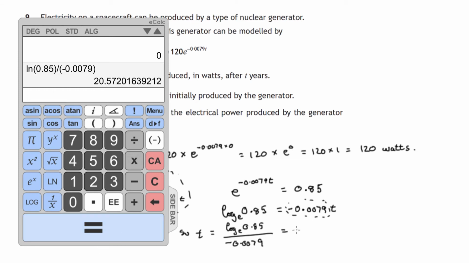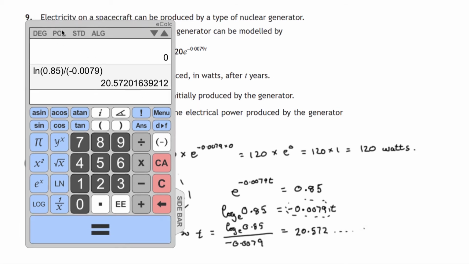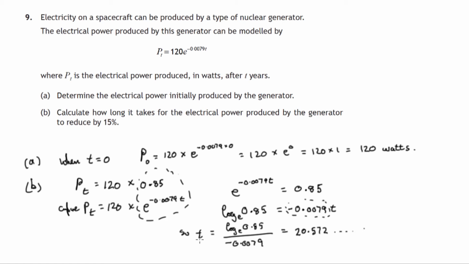And that produces an answer of 20.572 and so on. So what does that mean? This is t. T, remember, was measured in years. How long does it take for the electrical power produced to be reduced by 15%?